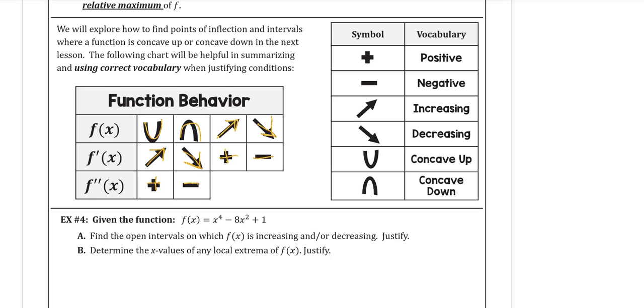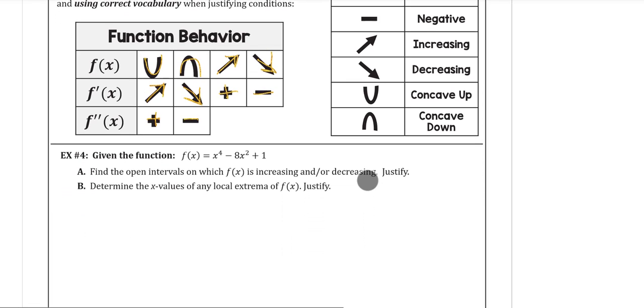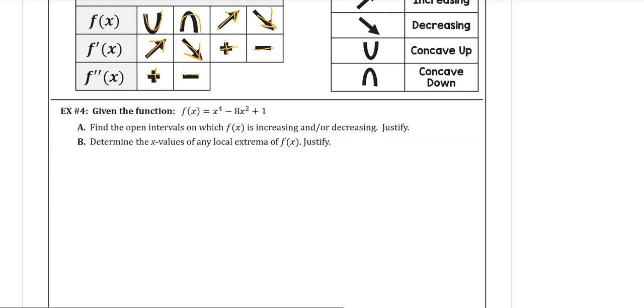Okay, so let's go into example 4. Just so you know, for the first derivative test, we're really just confining ourselves to this little box of symbols that we used in the previous example. The concavity symbols and the increasing and decreasing for the first derivative will come into play with the second derivative test.